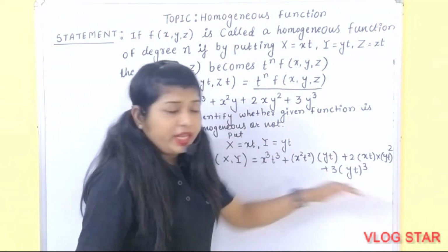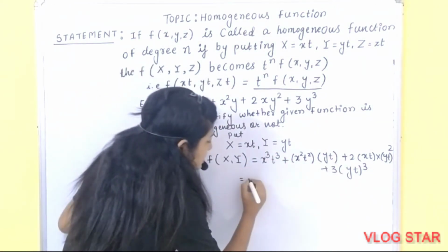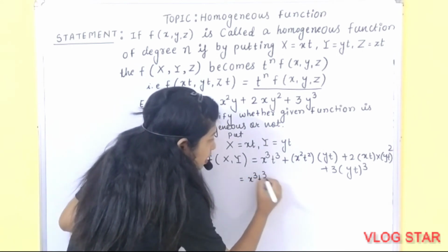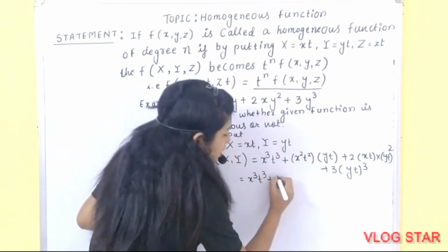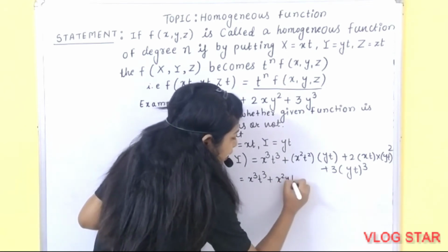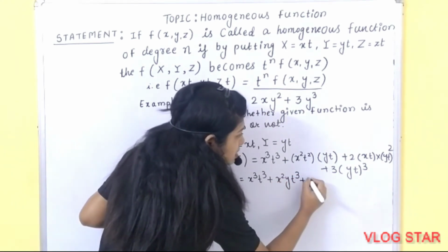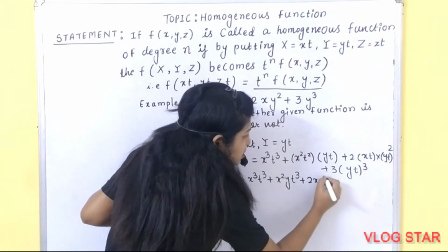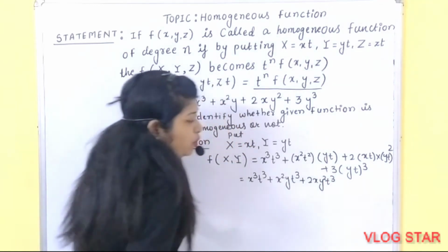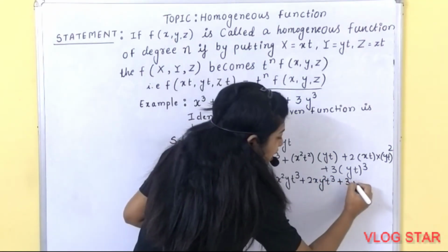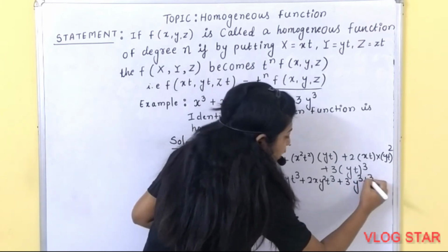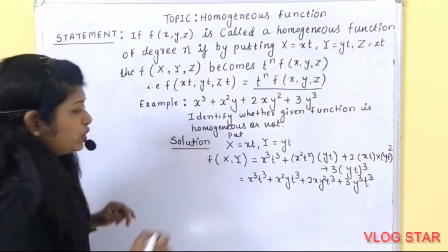After substituting, you will get x cube t cube plus x square y into t cube plus 2x y square into t cube plus 3y cube into t cube. I hope you have understood this step.